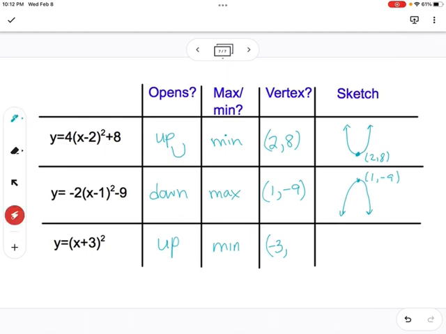And our k, there is no k here, which the value would be 0. So negative 3, 0. So this will actually fall on the x-axis. We have it opening up, and our vertex at negative 3, 0.